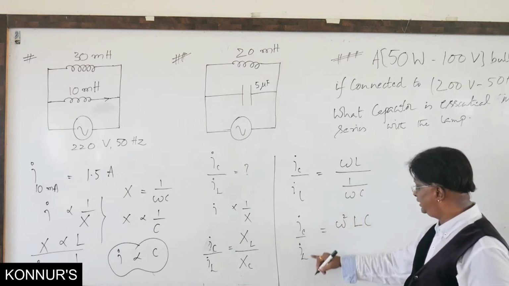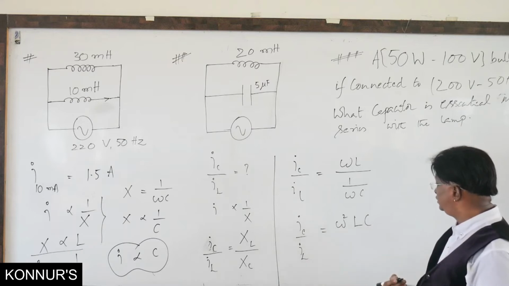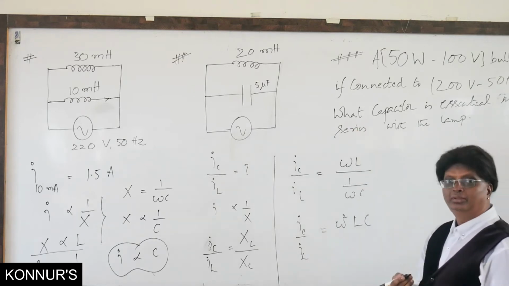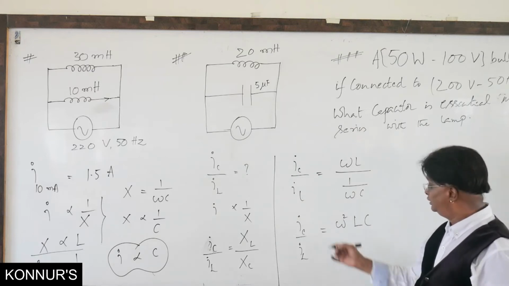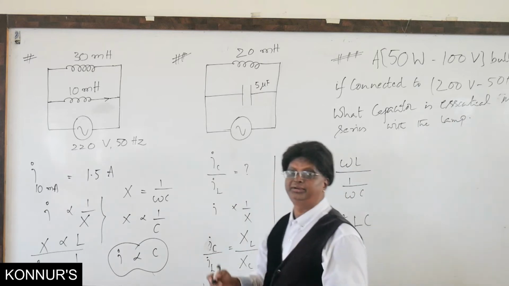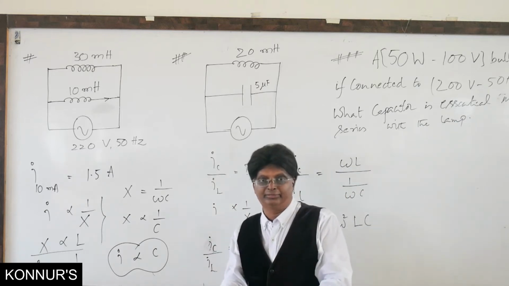Therefore the IC by IL value will be proportional to L times C. Now the values are given and that will give you the answer. It can be asked as simple ratios, or one current is given and the other current is asked.